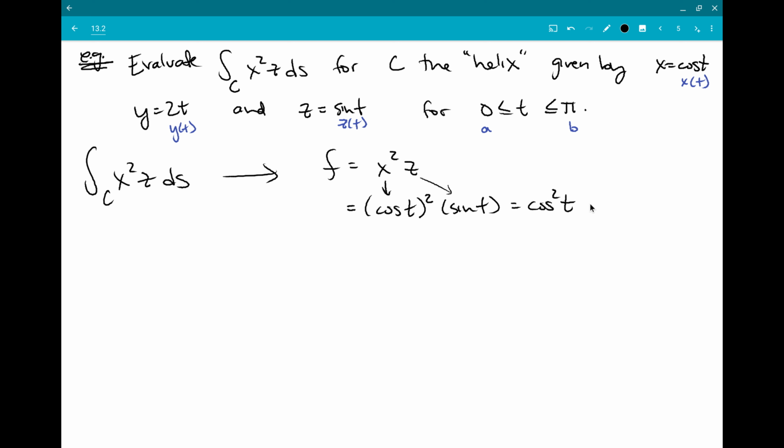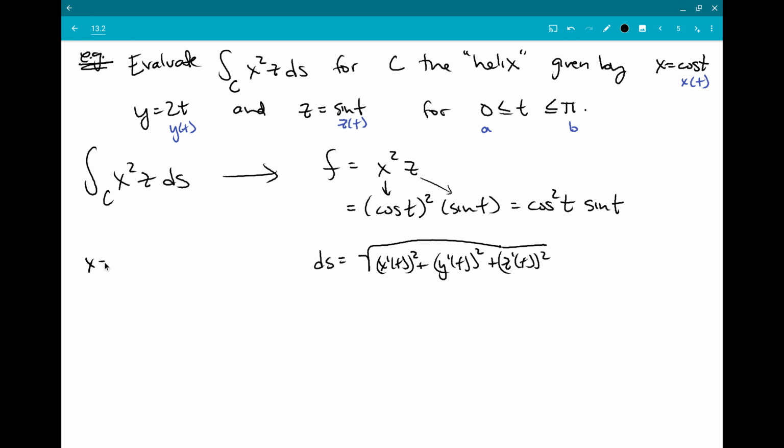So that's just cosine squared t sine t, f a function of only time. And then my ds I know should be equal to the square root of x prime of t squared plus y prime of t squared plus z prime of t squared.